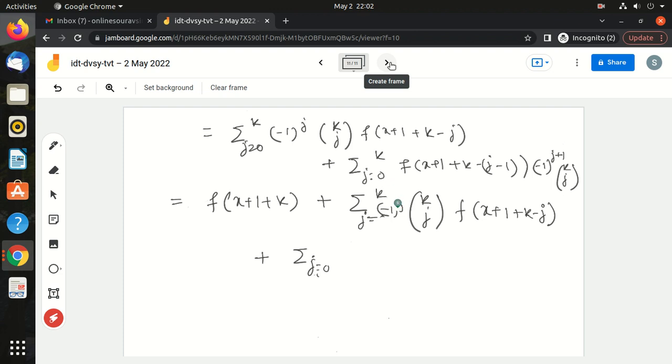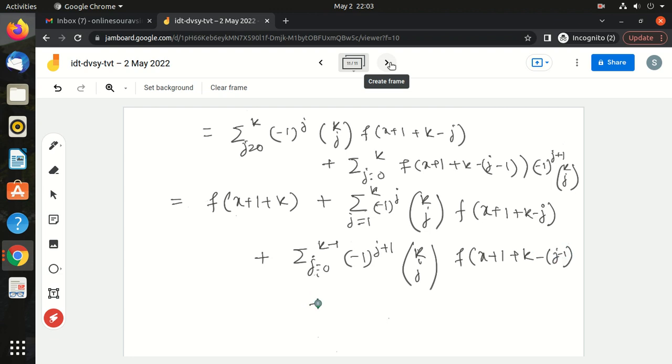I put j equal to 0 and take this term out, so j runs from 1 to k. Now I'll put j equal to k, so I'll get up to k plus 1. Here it is (-1)^(j+1), k choose j, and f of x plus 1 plus k minus j minus 1, and I have to write k, right?